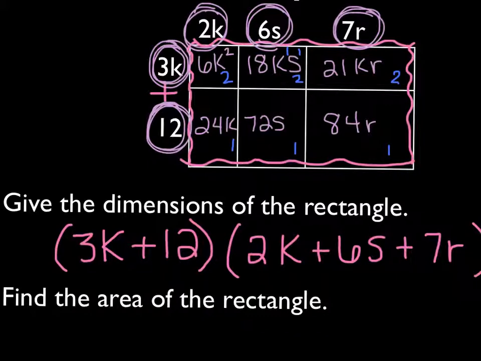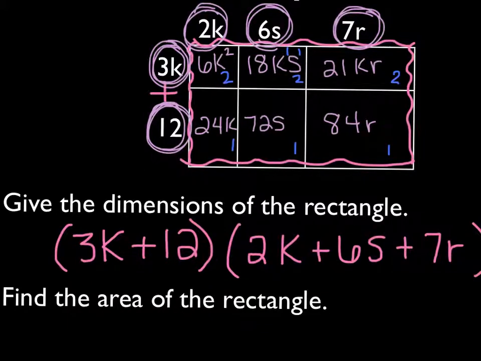Typically, the way you do a tiebreaker if you have more than one with the same degree is you go by the first letter in the problem. So I would go by the K's. Since this one has more K's in it, I would start with this one. And then these two have the same number of K's, so I would go to my next letter in the alphabet, which would be R, and that'd be this one. But I don't want to get too stressed out about that right now. I want the 2s before the 1s.